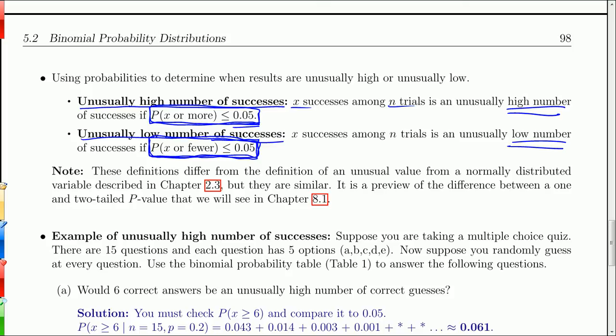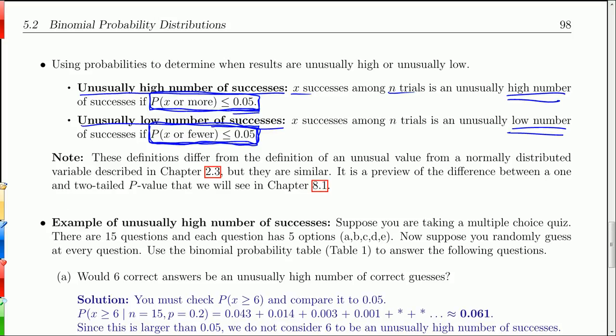Okay, and I will do a couple examples right below here. Just a quick note. This is similar to the definition of unusual that we had from chapter 2.3, and is a preview of the difference between a 1 and 2-tailed p-value, basically.